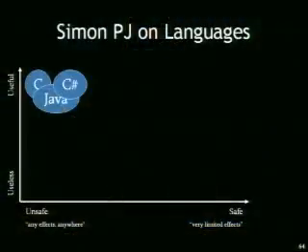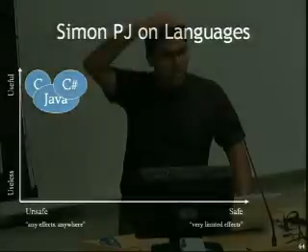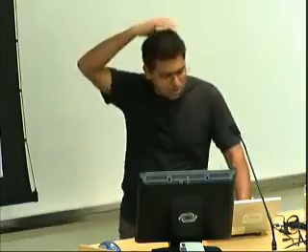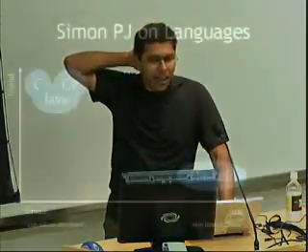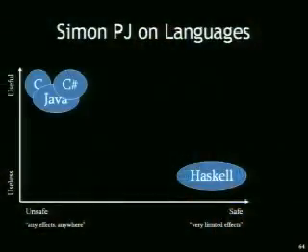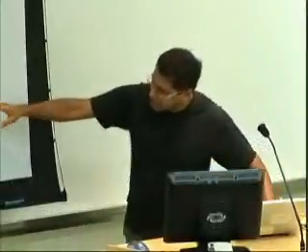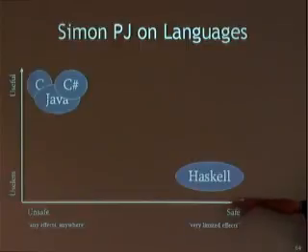Okay, so he says, I'm going to start plotting languages on this graph now, right? So C, C#, Java, all of those things start out over there. I suppose that looks a little like Mickey Mouse, but that's coincidental, I guess. And now it's Simon saying this, right? Haskell is over here. So in its purest form, Haskell is all the way at the bottom over here. It's sort of at this corner, right? It's extremely safe, but you don't even know if it's running.